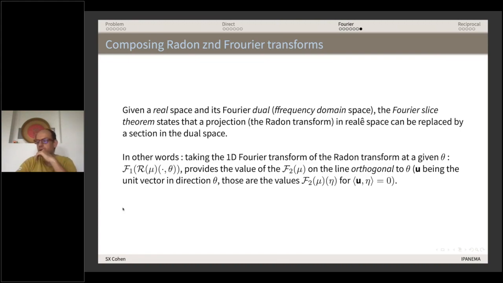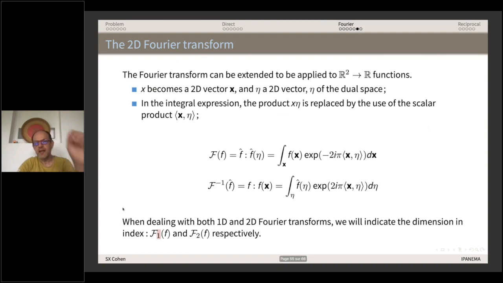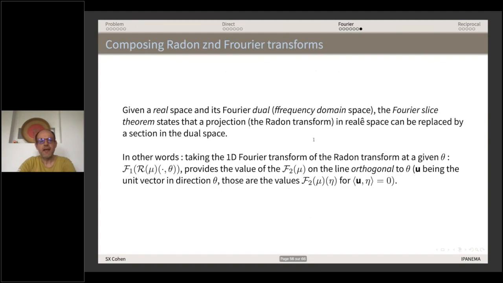Now that we had this discussion about the Fourier transform, there is a result I will not go too much into detail about. The reason is that it's a nice and not so complicated exercise for you to take the formula of the Fourier transform here, and the formula of the Radon transform that you had before, and to realize this just by inverting the sum.